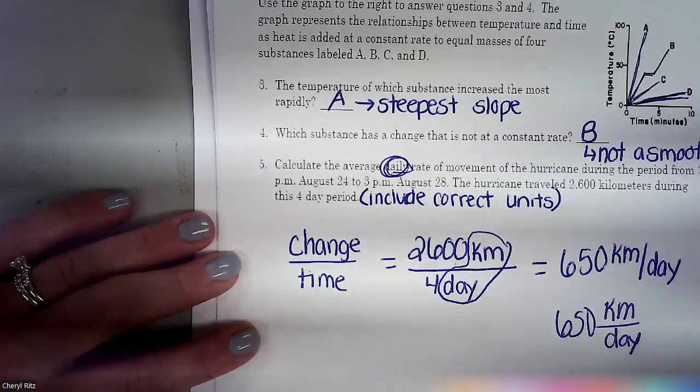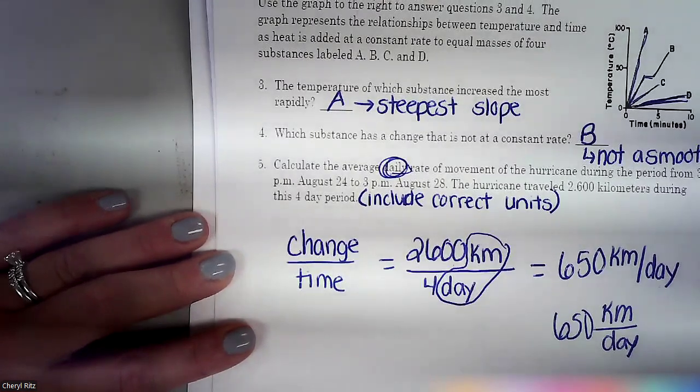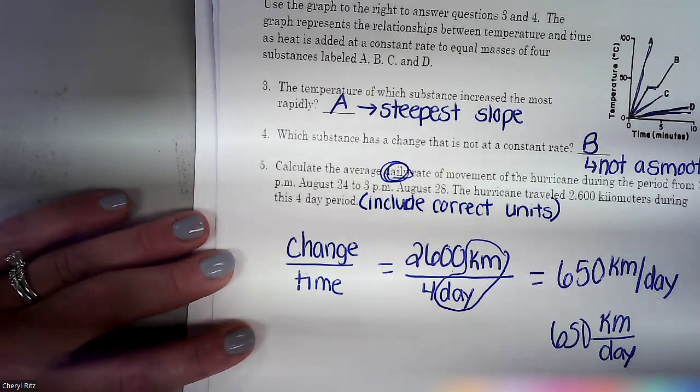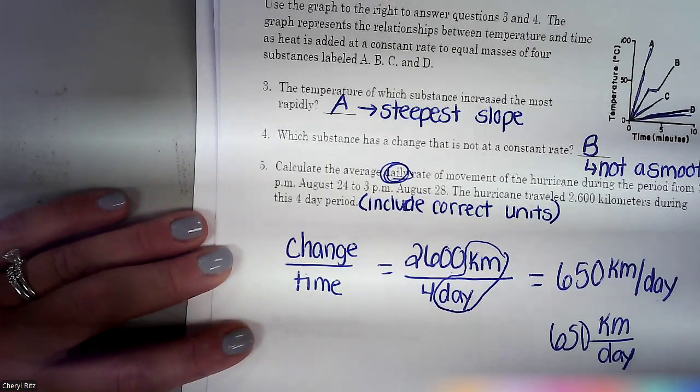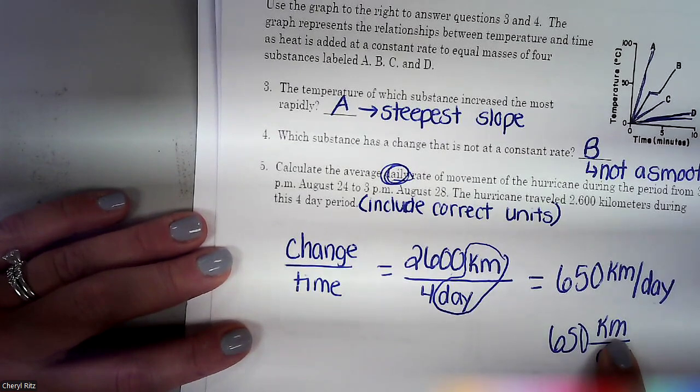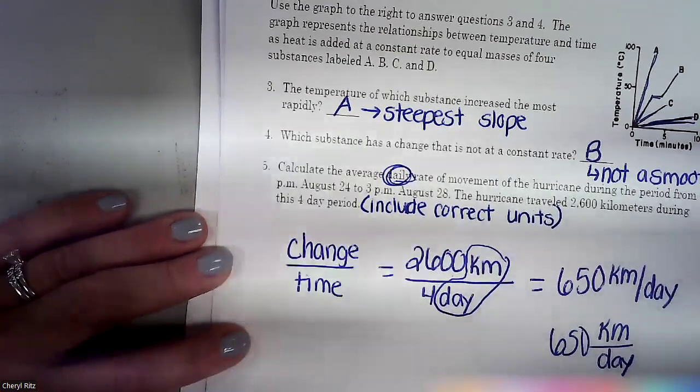Now about the abbreviations, I saw a bunch of crazy abbreviations here. If you are not sure how to properly abbreviate a unit such as kilometers, by the way, this is the only acceptable abbreviation for kilometers. So I saw a bunch of you doing like "kilo," K-I-L-L-O maybe. I don't know if there's two L's. Anyway, doesn't matter.